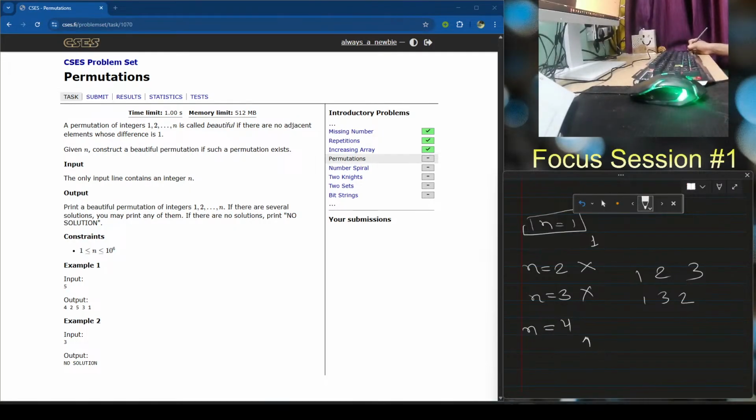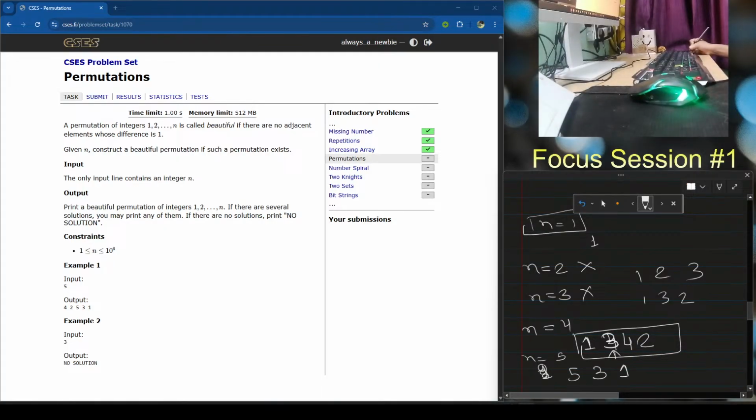For n equal to 4, I can put 1 3 4 2. This looks fine. So this gives me an idea: I can output the largest odd element. Like if n equals 5, I can output 5 3 1, and from here I will output 4 and 2. This also works fine.